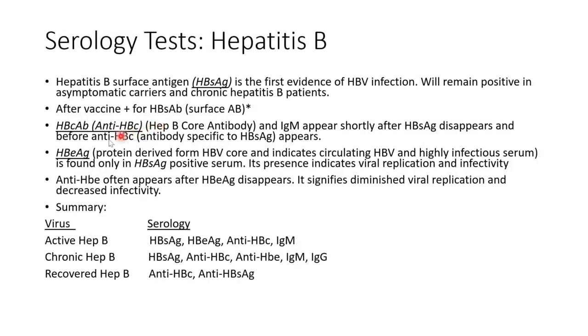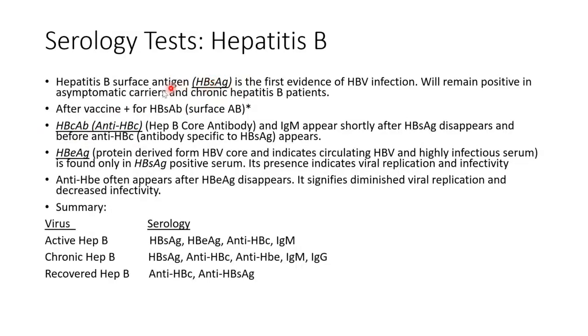So the next thing is hepatitis B E antigen. Let me just tell you something about the core. The core is often not routinely drawn. This right here is routinely drawn.